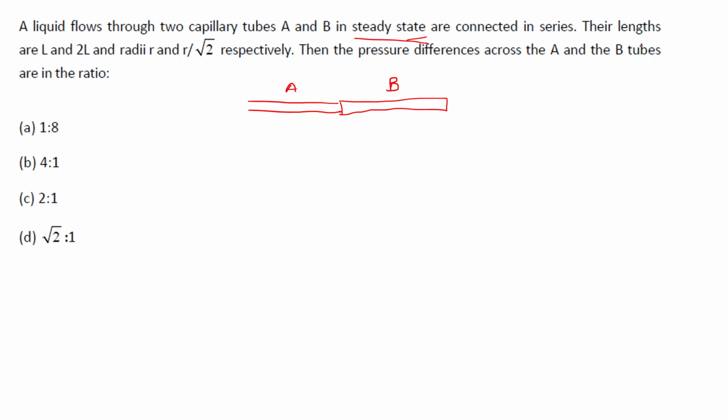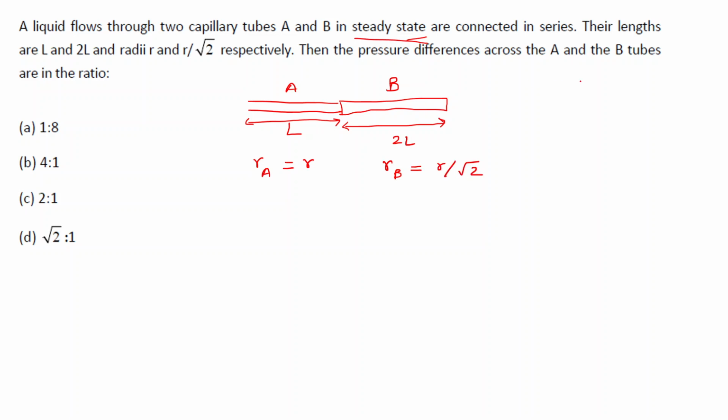What we have been given is their lengths are L and 2L respectively. So the length of A tube is L, the length of B tube is 2L, and their radii: the radius of A tube is R, the radius of B tube is R over root 2.